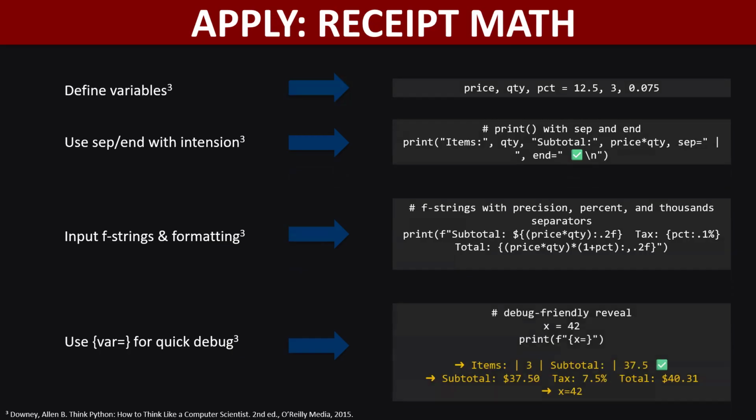We even debug using a test variable to help verify our logic before the output prints. The result? A crisp, clear, easy-to-read receipt summary showing number of items, subtotal, tax rate, and total. Clear, concise, business-ready output.